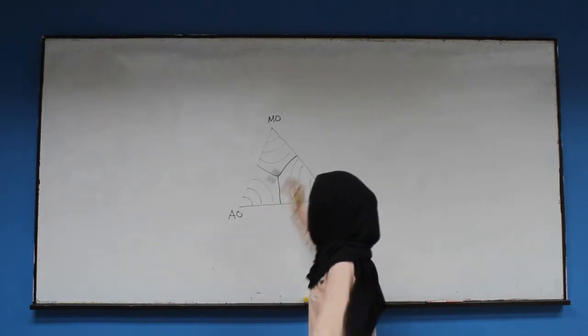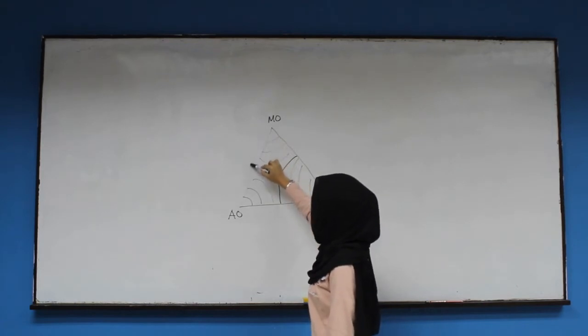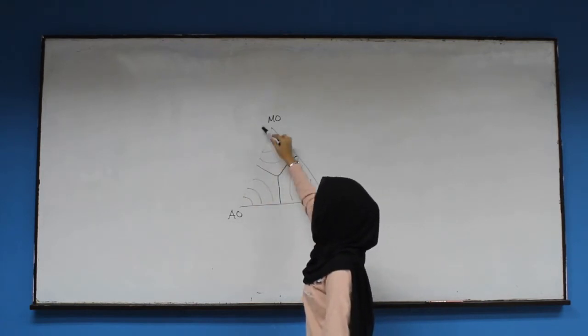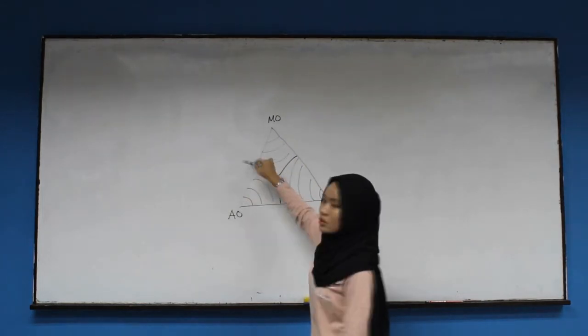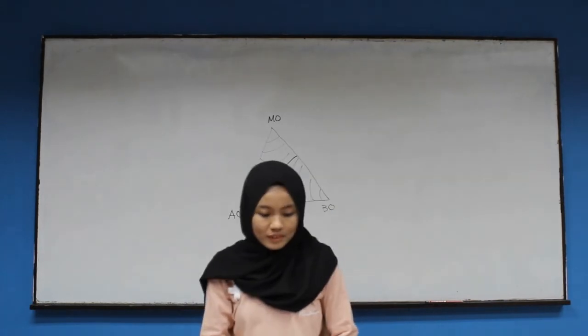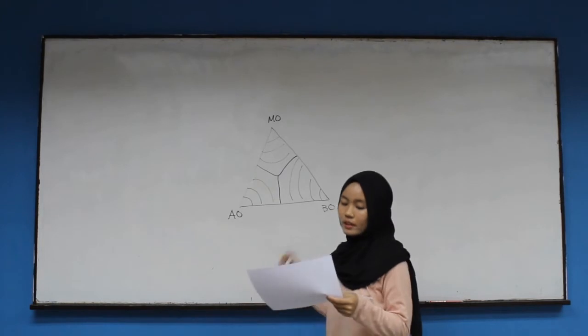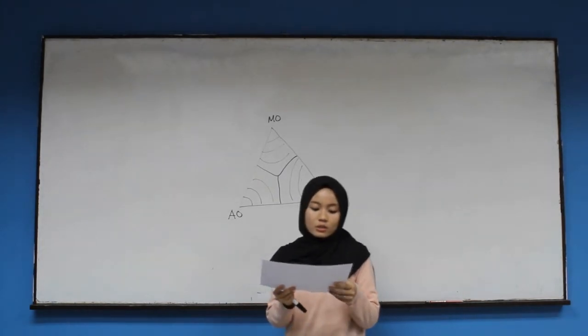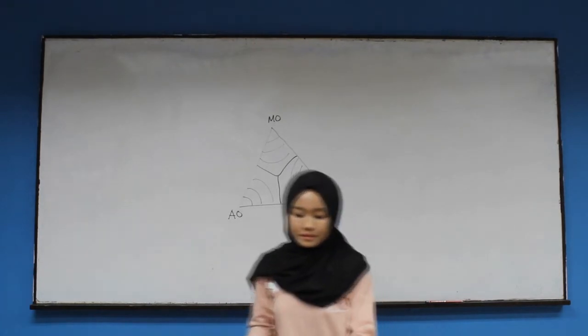As you can see here, the temperature will decrease towards the center of the diagram. The temperature will increase here and it will increase from here to here. So at the center of the diagram, the temperature is at the lowest. Any composition on these curves will crystallize the two phases on either side of the curve.